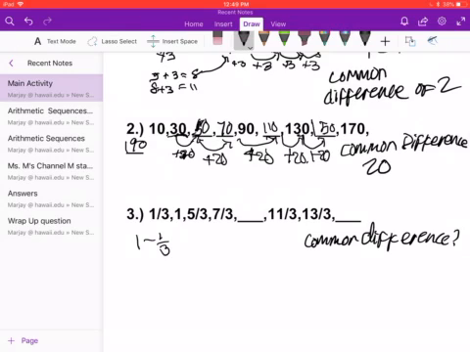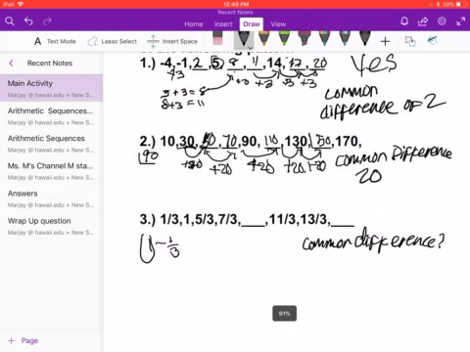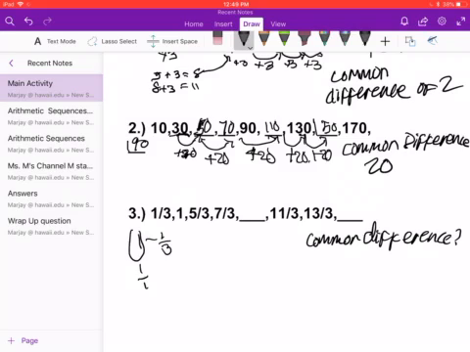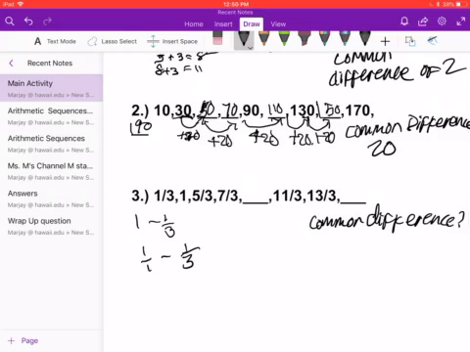We have to make this a fraction first by rewriting it as 1/1 minus 1/3. And how do we get these two to have the same denominator? Right, it's 3, by multiplying 3 top and bottom.